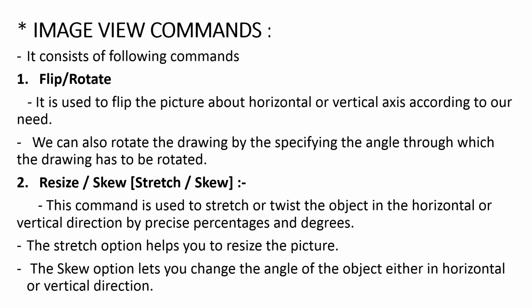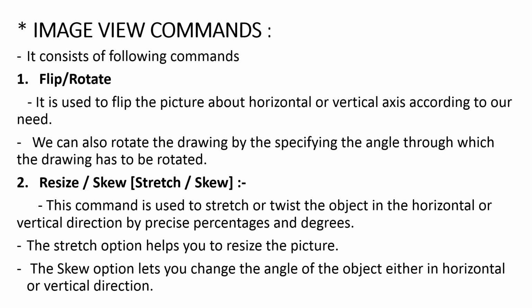Next is the resize or skew command, which in the earlier version was also called the stretch or skew command. The resize command is used to stretch or twist the object in the horizontal or vertical direction. The stretch option helps you to resize the picture, to maximize it or to minimize it.